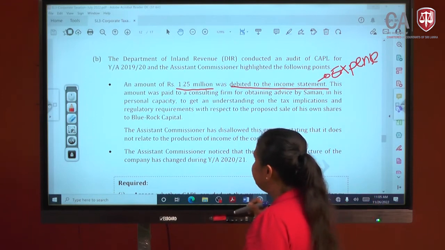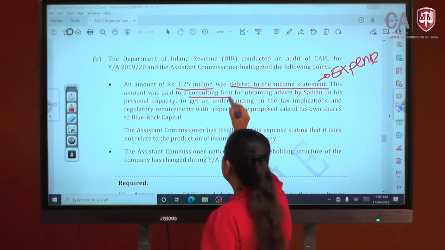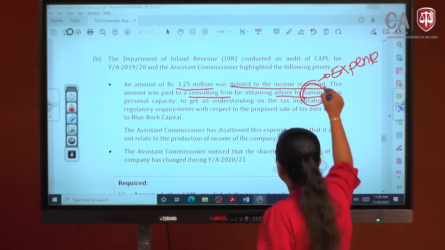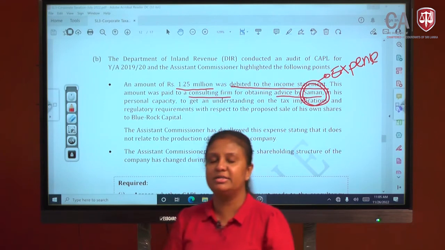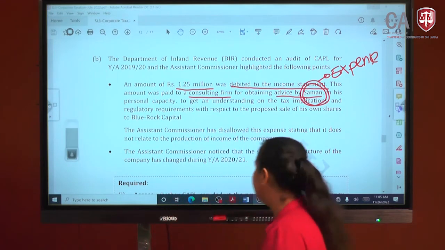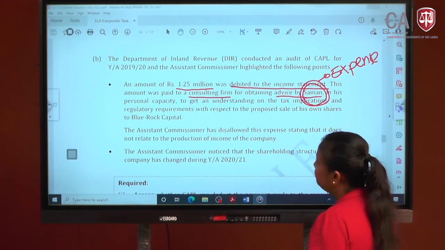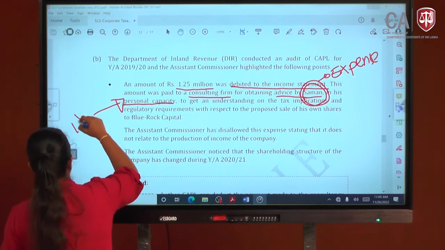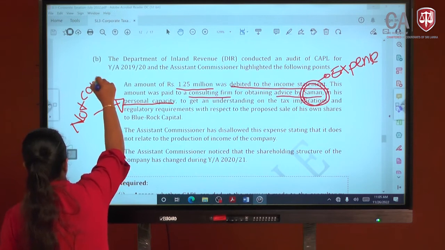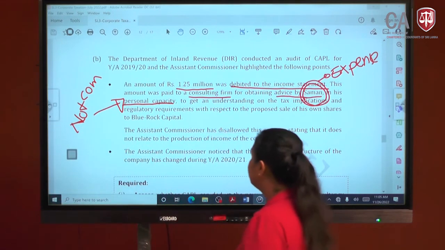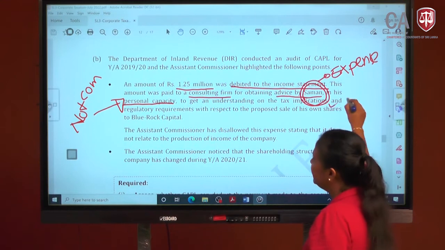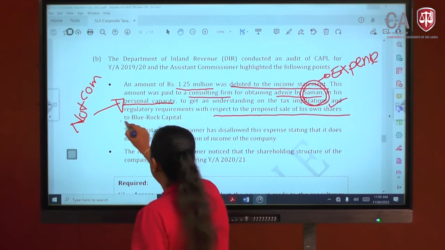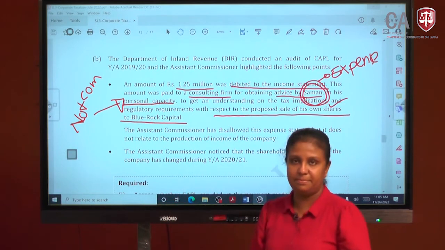This amount was paid to a consultancy firm for obtaining advice by the managing director of the company, in his personal capacity, not the company. This was to get an understanding of the tax implications and the regulatory requirements with respect to the proposed sale of his own shares to Blue Rock Capital.